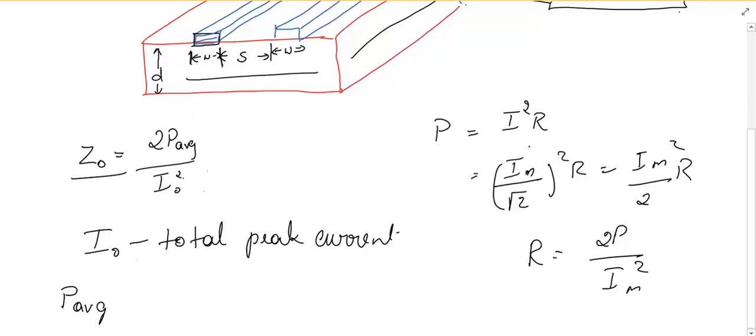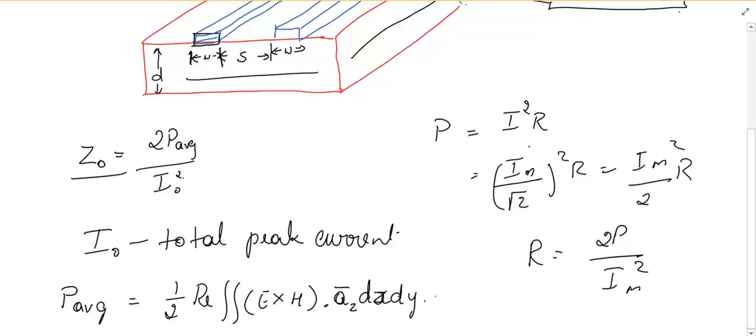Here the expression for average power along the Z direction is given by half of the real part of a double integration of E cross H dot Az, dx dy. We are speaking about the power here, and power is given by power density into area.